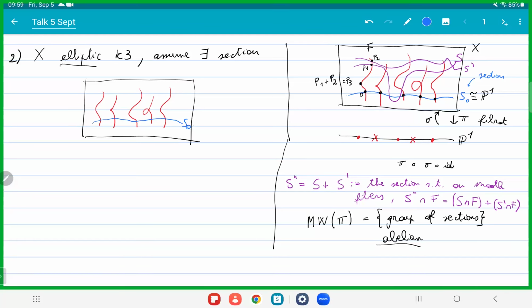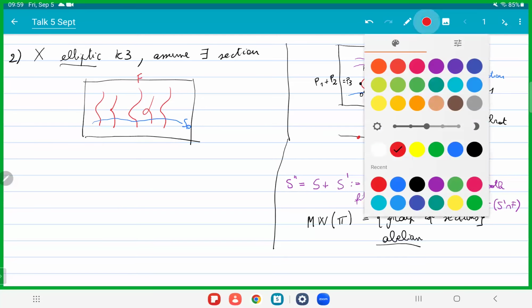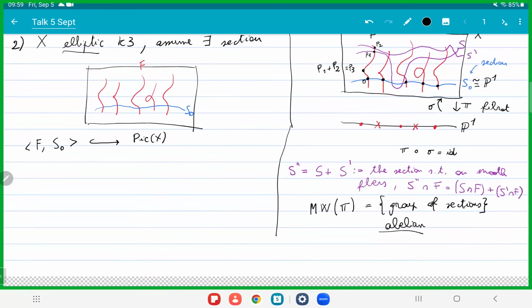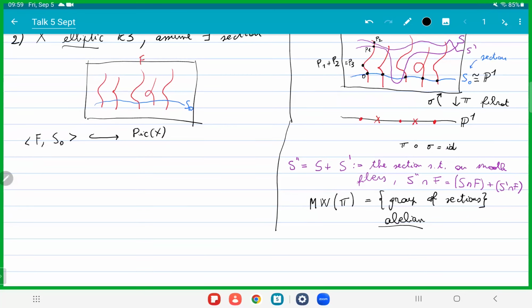Let's call the section S0, and let's call the fiber F. So now we have two classes in the Picard lattice, at least: the class of F, and the class of S0. And again, we want to understand the intersection matrix of this form. So we want to understand F squared, F dot S0, and S0 squared.